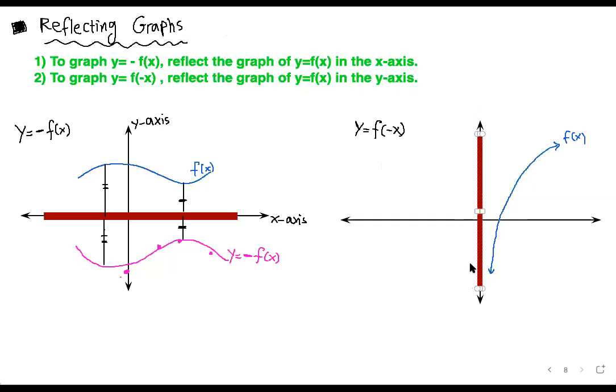So this point will be around here, this point around here, this point around here, this point around something like here. So the new curve will be something close to this curve, the pink one. So this one is y equal f of minus x.